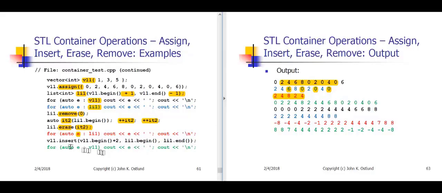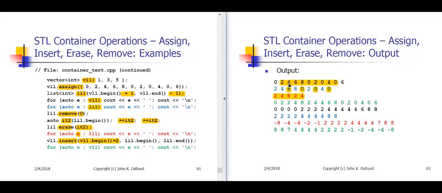The next thing I'm doing here is inserting into v11, starting at the location v11.begin plus 2. That is, v11 contains 0, 2, 4, 6, 8, so v11.begin plus 2 is, quote, pointing at, unquote, the 4.